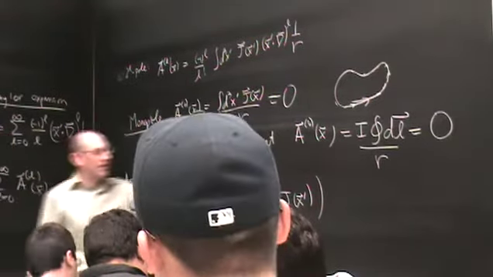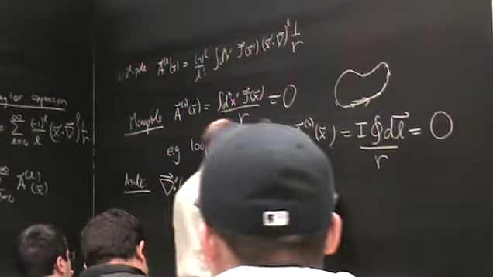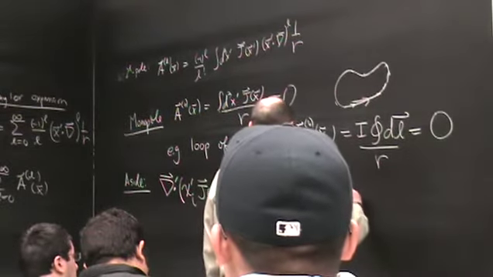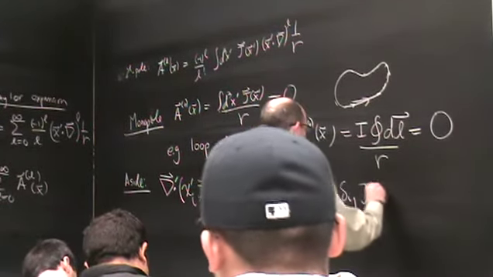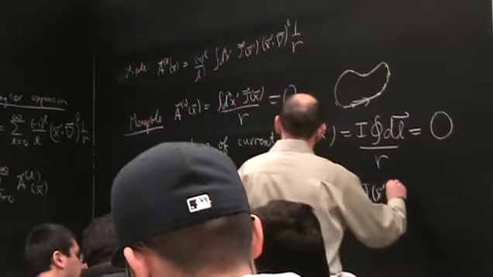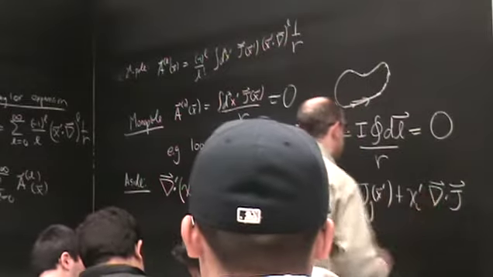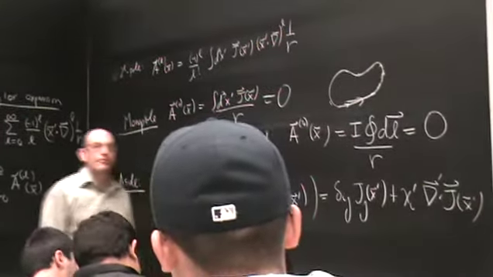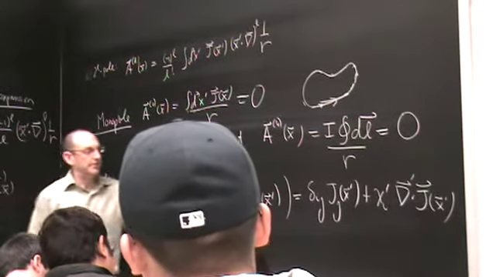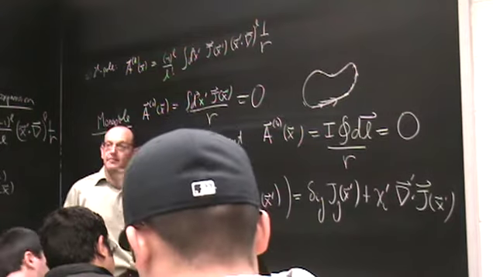The partial of x prime with respect to this is delta ij, times the current density, plus x prime times del dot j. Because once you get that through, this is del dot j.